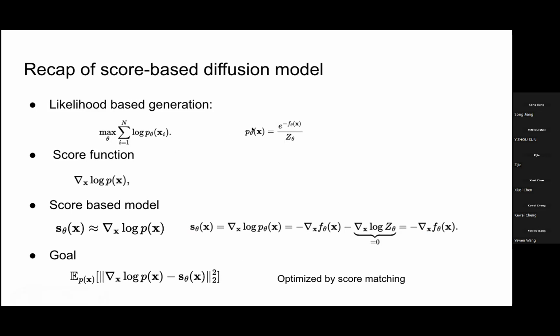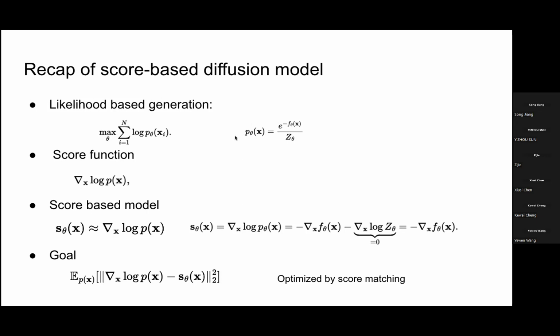But as many of our previous presentations have shown, this Z theta is basically intractable in practice. So in previous works like the VAE, people try to approximate this likelihood with some bounds or other approximations.